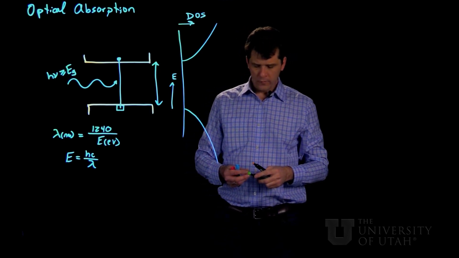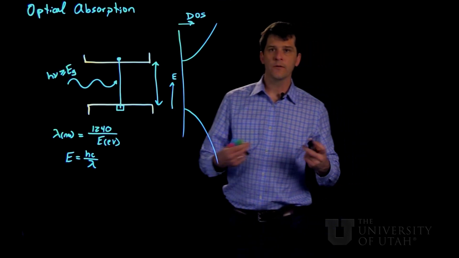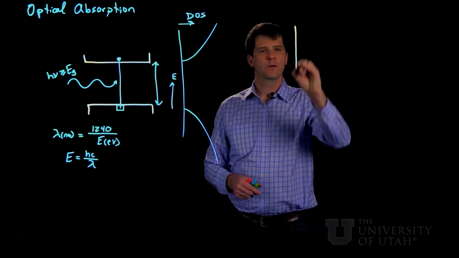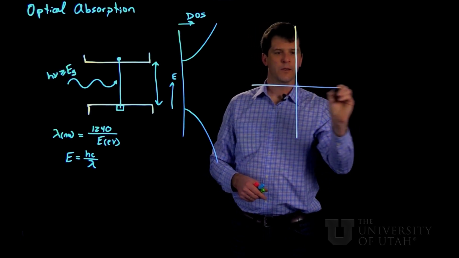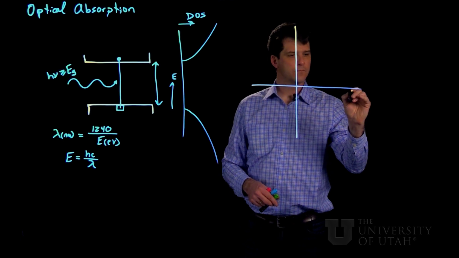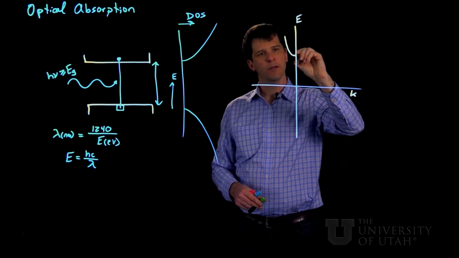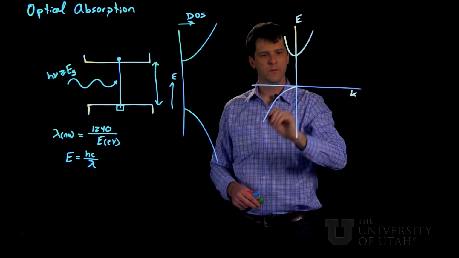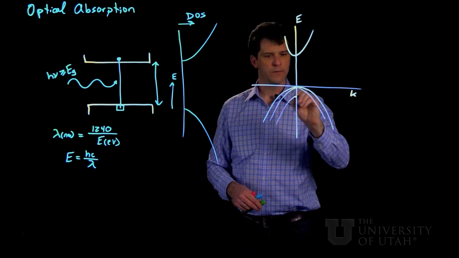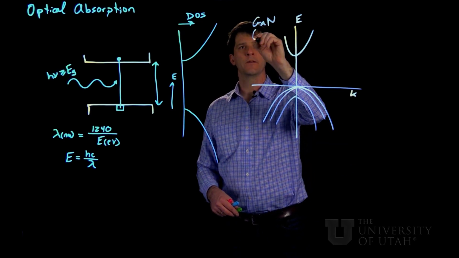Okay, so the optical absorption turns out to be slightly different in indirect and direct gap semiconductors. So let's look at our k-vector resolved band structures for the two. So if we look on an E-k diagram for a direct gap semiconductor, let's say gallium arsenide or gallium phosphide being great examples, and gallium nitride these days.